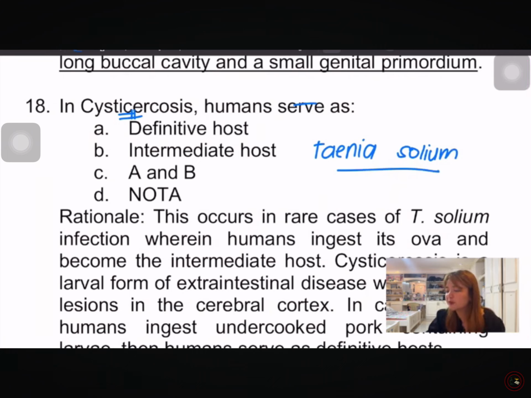So, yung pork tapeworm, yung familiar na mode of transmission natin na naalala natin is, makukuha mo siya kapag nag-ingest ka ng undercooked pork. Kaya nga siya pork tapeworm. Pero, in these cases, na nag-ingest yung humans ng undercooked pork, hindi tayo magiging intermediate host. Magiging tayong definitive host.